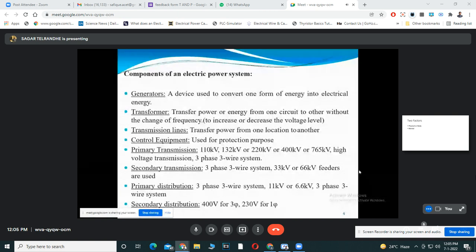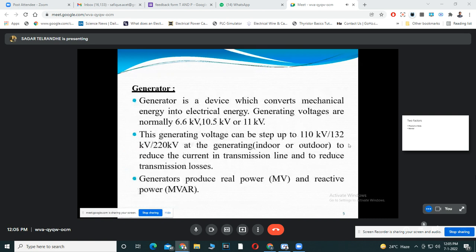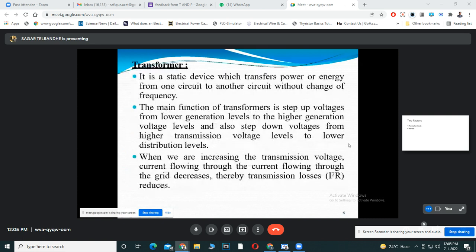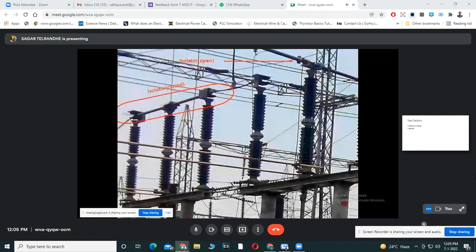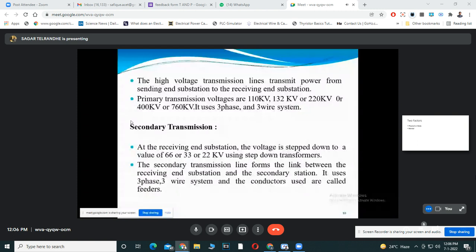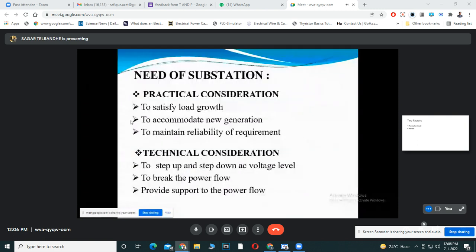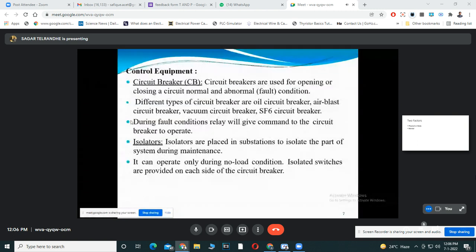All these parameters, generators and transformers, were discussed earlier in the previous single line diagram. Here we have the control equipment.